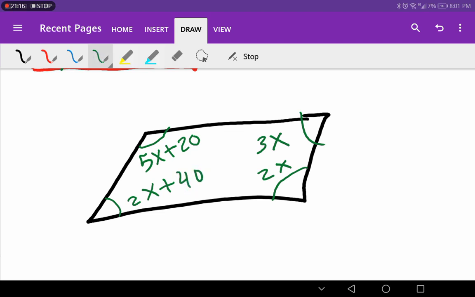How do we do that? We add the x's together. 5x plus 2x, 7x, 10x, 12x. So here we have 12x, and we add the numbers. 40 plus 20 equals 60.